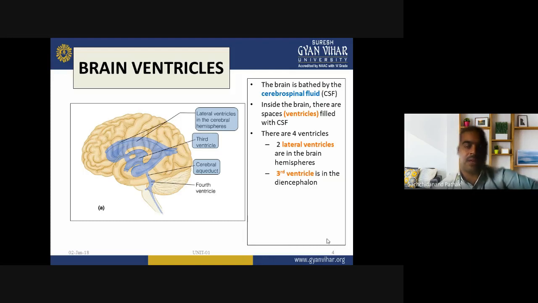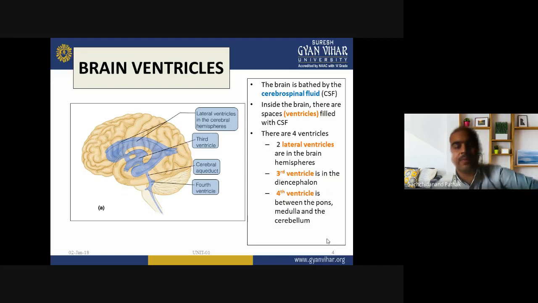And the last is the fourth ventricle, which is between the pons, medulla and the cerebellum. So the cerebrospinal fluid flows inside these brain structures, the ventricles. The lateral ventricles are in the brain hemispheres, the third ventricle is in the diencephalon area, and the fourth ventricle is between the pons and medulla and the cerebellum.